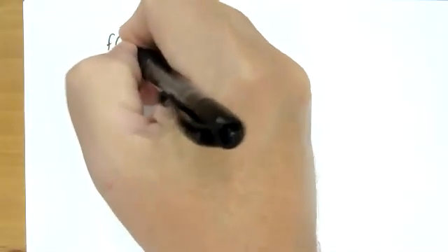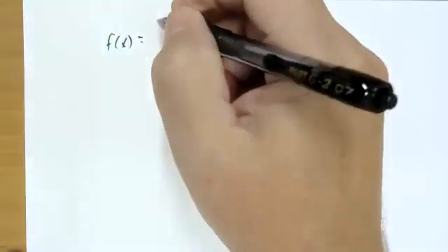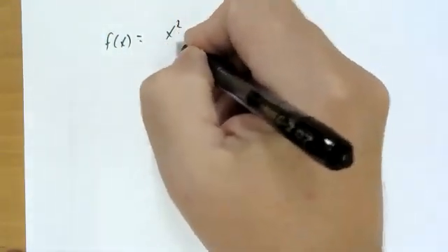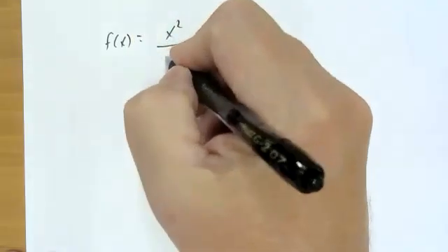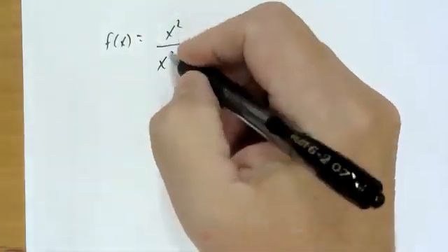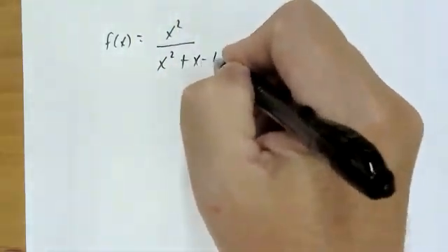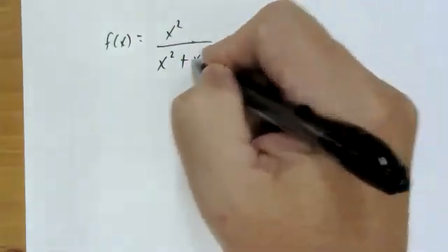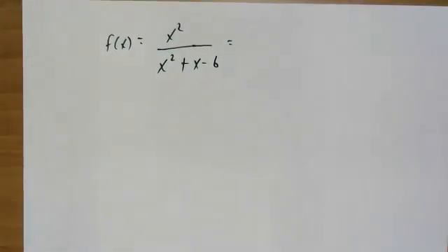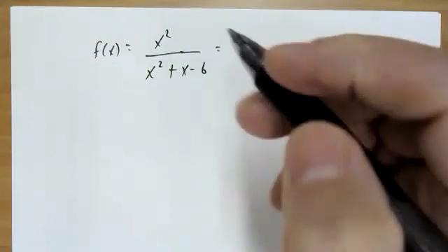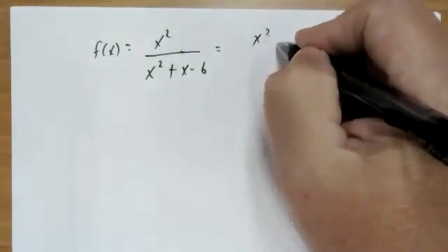All right, one more example, just because these can be a little tricky. Last one. I'll try and go through this pretty quickly now since I've explained everything, hopefully. So now we have x squared over x squared plus x minus 6. If I'm going to try and find the vertical asymptotes, I need to be able to factor this denominator.